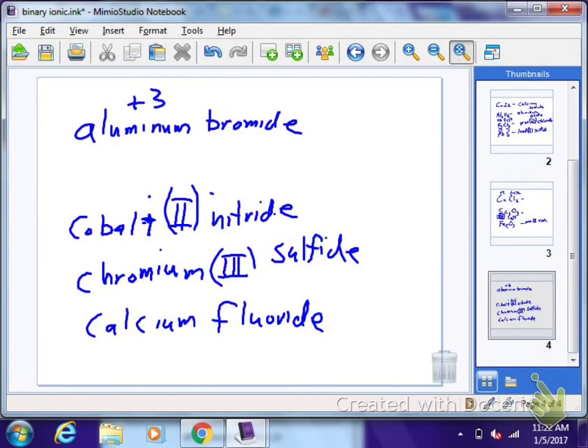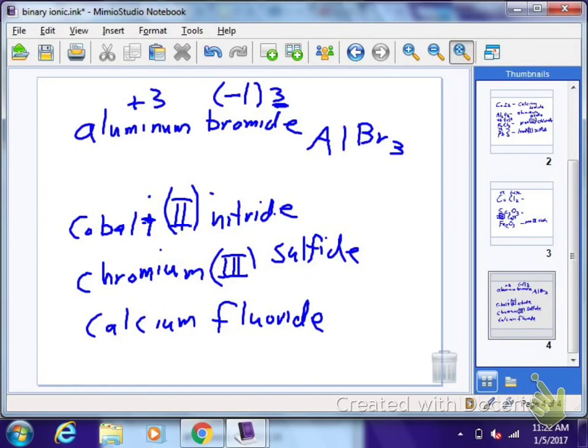I look up bromine and it's a plus or minus 1, 5 or 7. Yeah, it's a -1. It has to be a -1. It has to be the minus. 3 bromine. So I need 3 bromines for every aluminum. And that, whatever I multiply it by, is my subscript. So it's AlBr3. Okay? You do the next one.